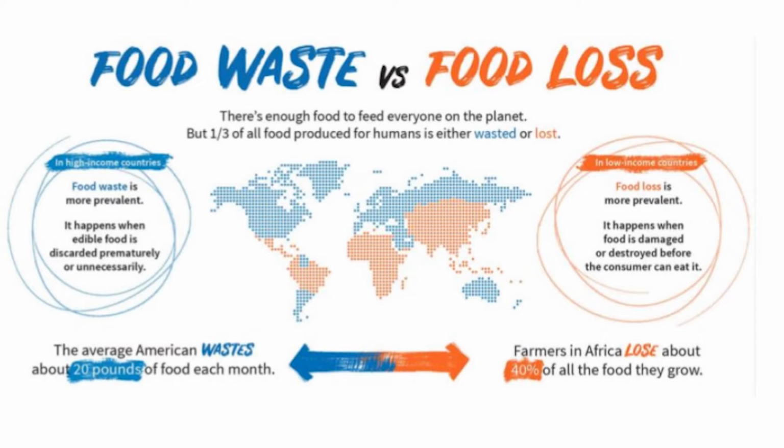Whereas food loss happens when food is damaged or destroyed before the consumer can eat it. And so that's like supply chain problems where food that's being grown is left in the field to rot, or it makes it to a distribution center, but there's nowhere to take it from there. Oftentimes, this is more prevalent in developing nations where they may have a harder time growing crops in the field and getting those crops to consumers.